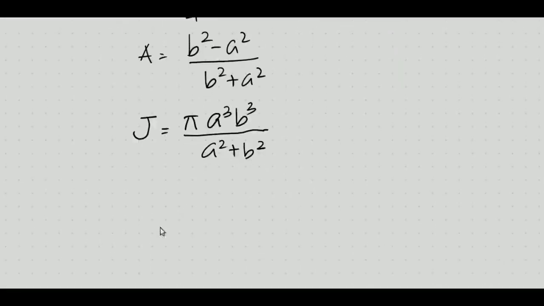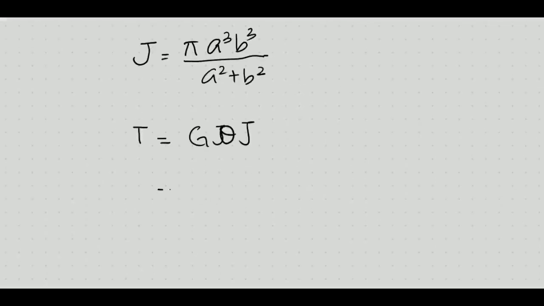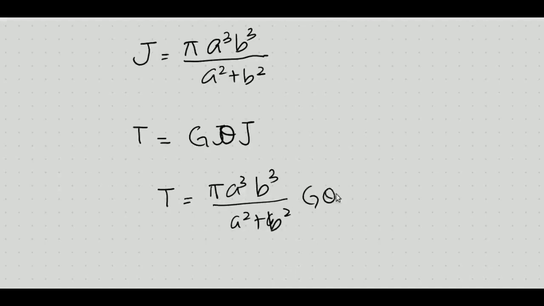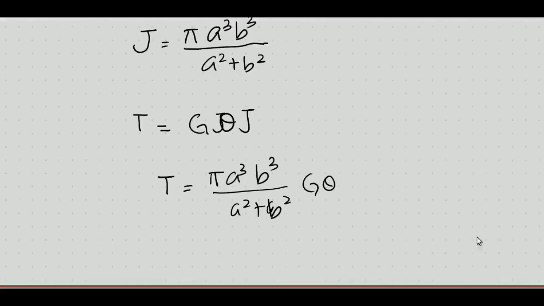So we can write the equation for torque, T is equal to G theta into J, where J is this. So we can write T is equal to pi a cube b cube divided by a square plus b square into G theta. The angle of twist per unit length can be calculated by rearranging the terms.